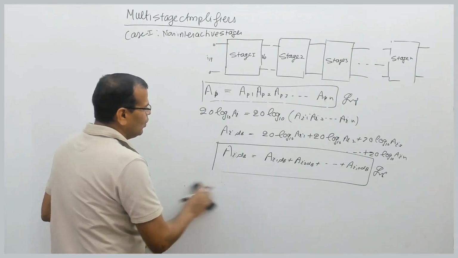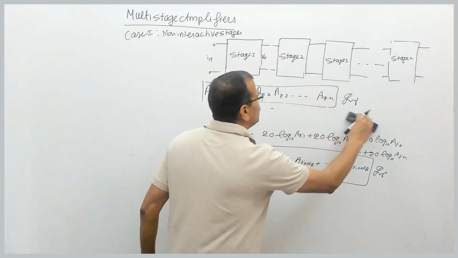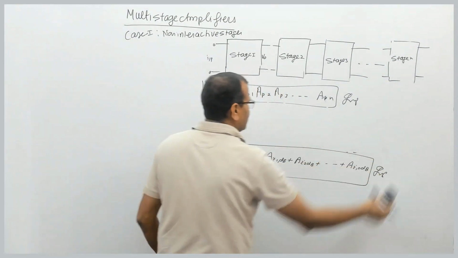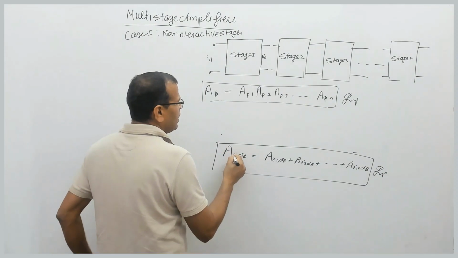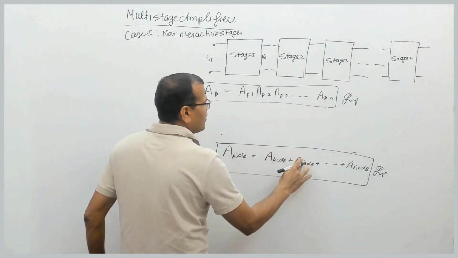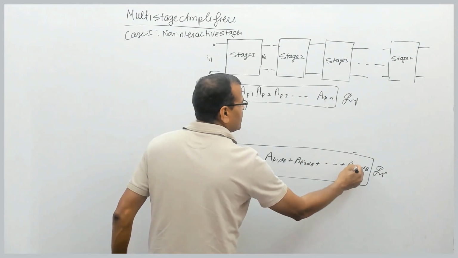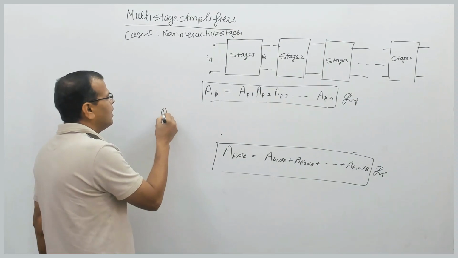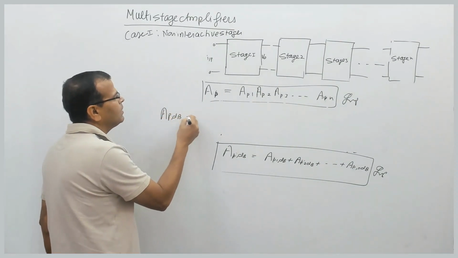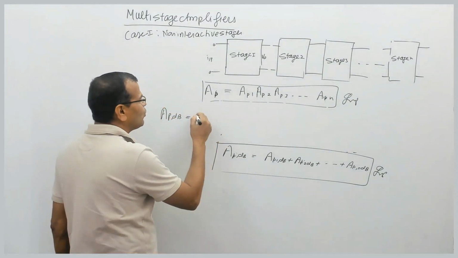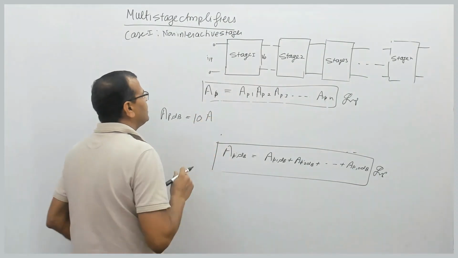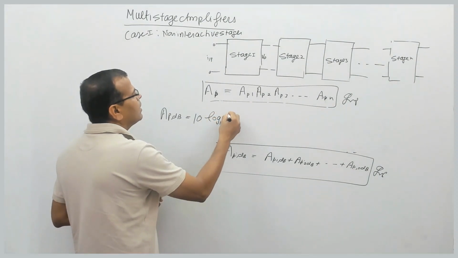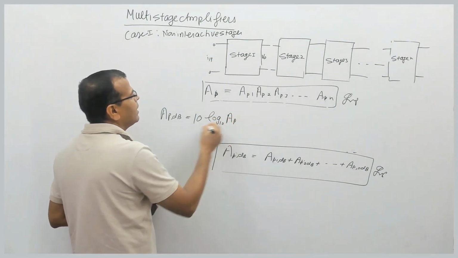And similar to the voltage and current gains, the power gain in decibels is simply the algebraic sum of the power gain of individual stages. But there is an important point. If you take power gain in decibels, in the case of voltage gain it was 20, but in this case it is not 20, rather it is 10.